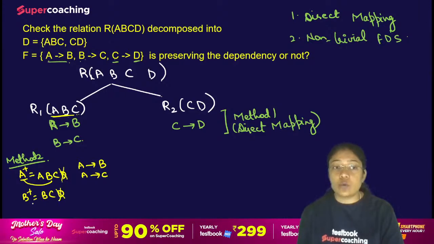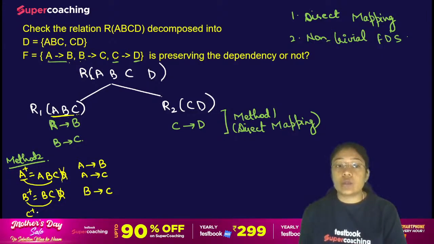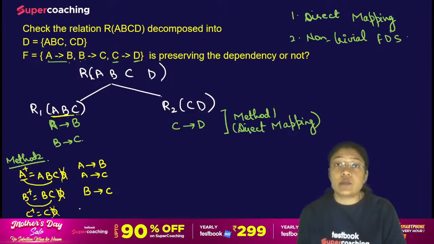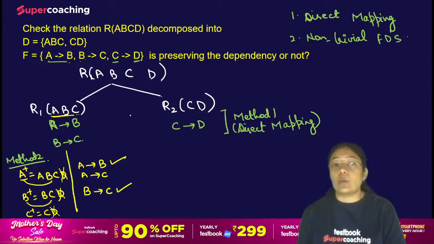Only B and C. So one non-trivial functional dependency is coming up, that is B determines C. Then find out C closure. C closure is CD. So in this case, D is not present. Is there any non-trivial functional dependency coming from starting from the attribute C? No. So these are the three functional dependencies, and we're looking for A determines B and B determines C. So these two are preserved by R1.